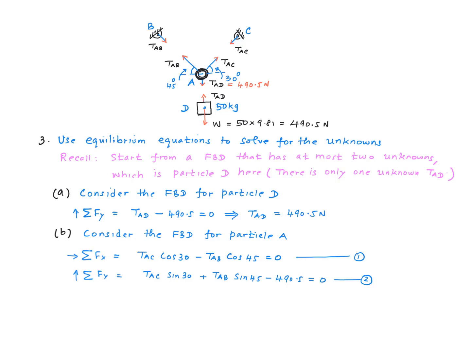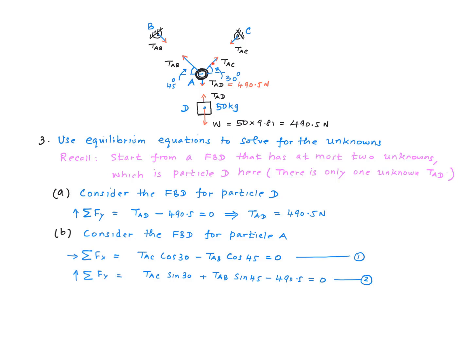Remember, you have to consider all of them, and if one of them is not going to show up, you can eliminate it, but you have to consider each and every one of the forces acting on the free body diagram. So in the equation for the horizontal equilibrium, you can see the force TAD, which is 490.5 Newton, is not going to show up because it's perfectly vertical, and therefore it does not have a horizontal component.